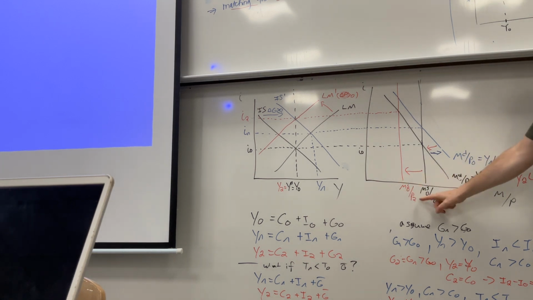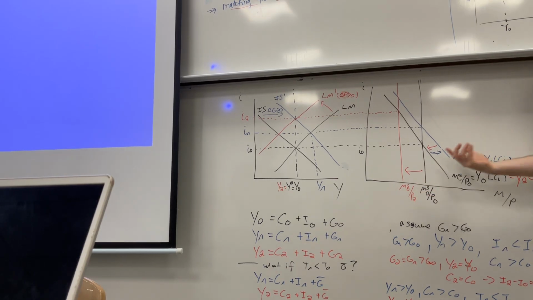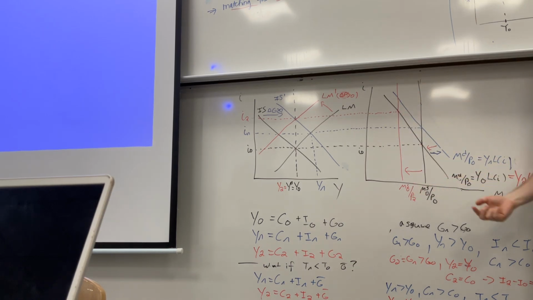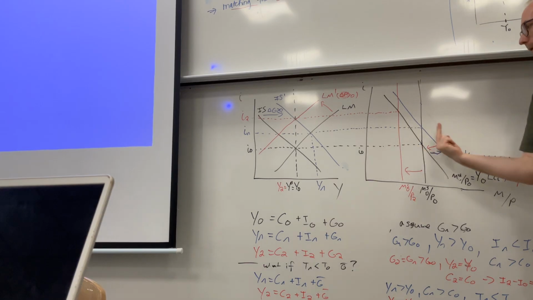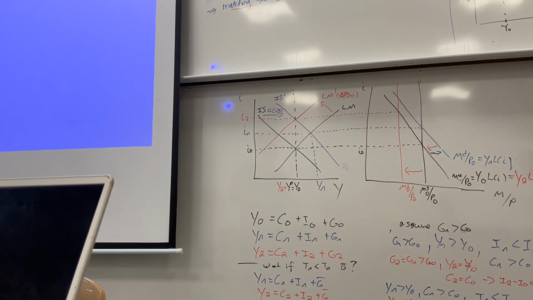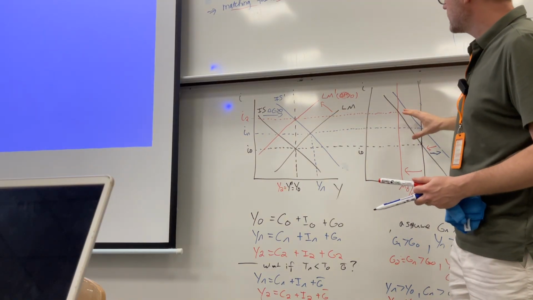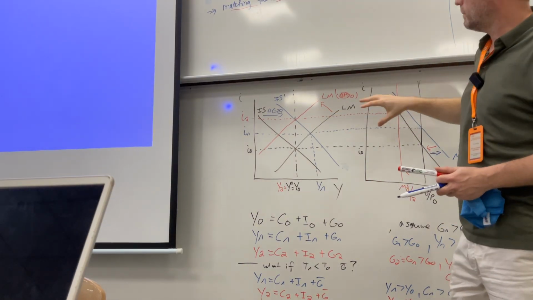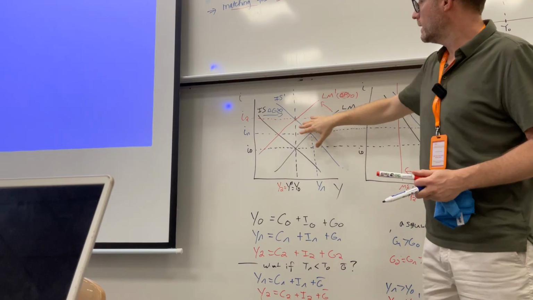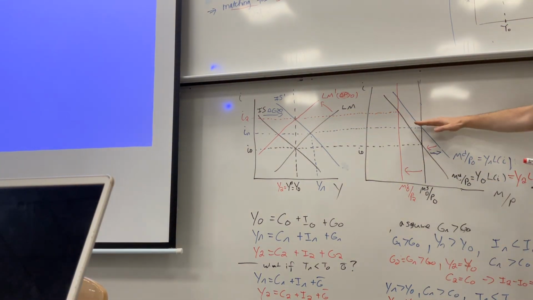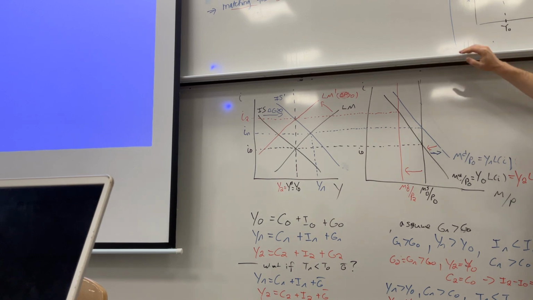So that's how the increase in the price level really works the same as if the central bank had decreased the money supply. So it's a decrease in the real money supply here. And to make things consistent with the ISLM, that's the same thing that happened up here: I work out the movements in ISLM first, and then trace back what must have happened in the money market.